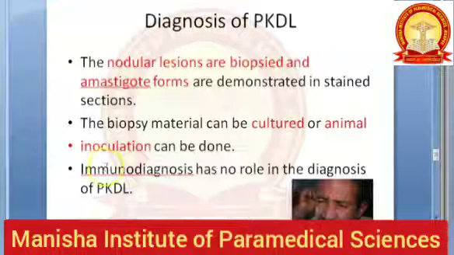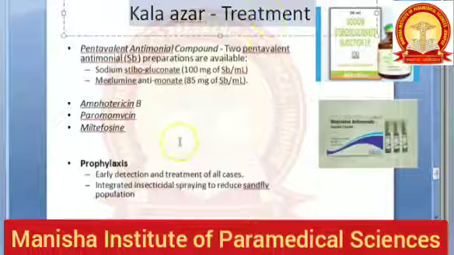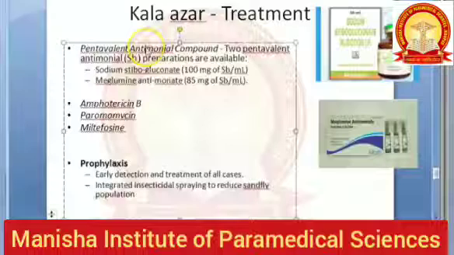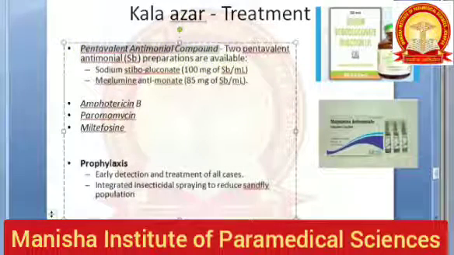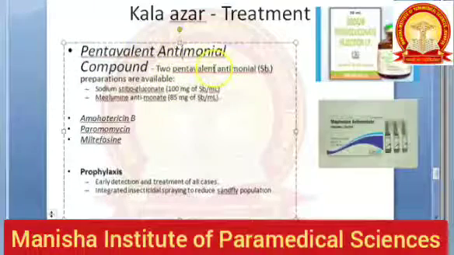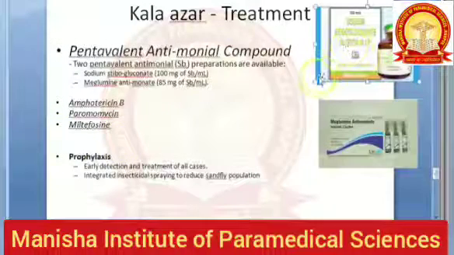Lastly, we'll put a word on the treatment of Kala Azar, guys. Pay attention here. There is something called antimonial compound, pentavalent antimonial compound. This is what you have to write in the exam if they ask. The examples are here.